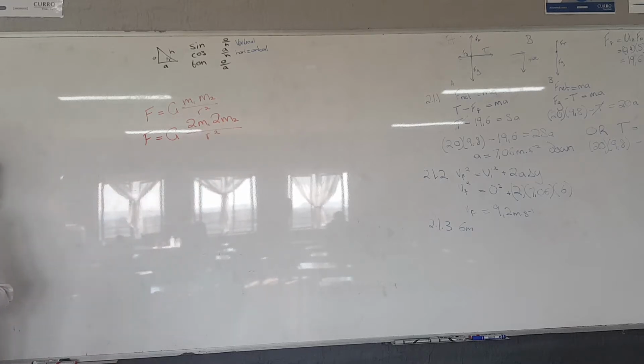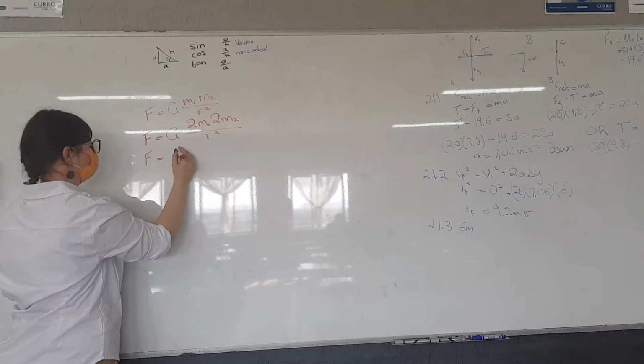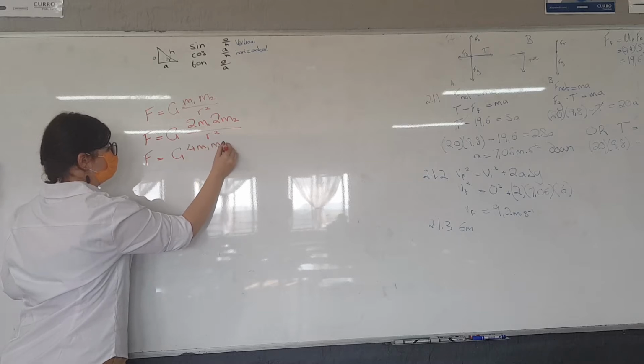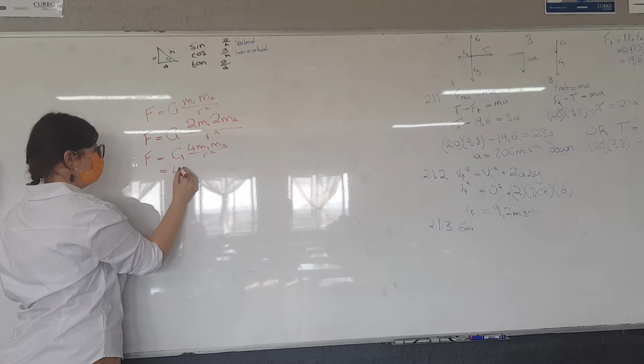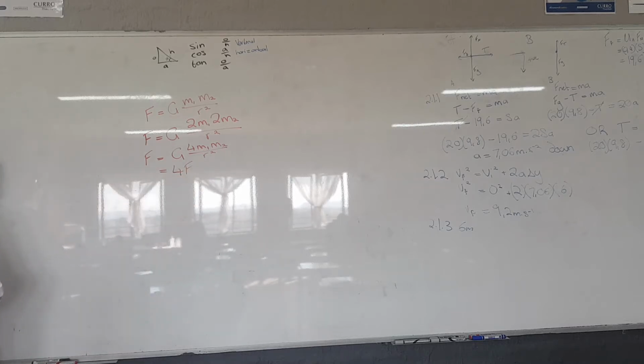You guys see that? So then F will be equal to G 4m1 m2 over R squared, which means it'll be 4F. It'll be 4 times as big. Do you guys see that? Is this new to you guys?